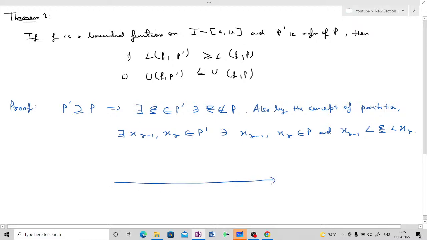Suppose we take a number line like this, and this is a equals x0, this is x1, this is x2, and we keep moving, and here we have x_{r-1}, here we have x_r, and again we keep moving till we have x_n equals b.